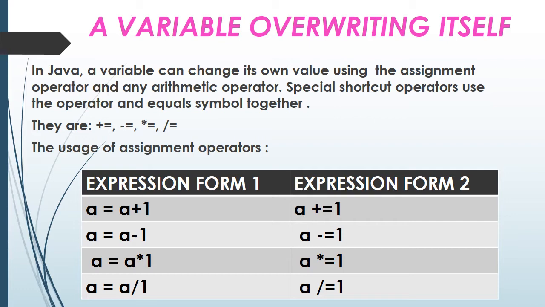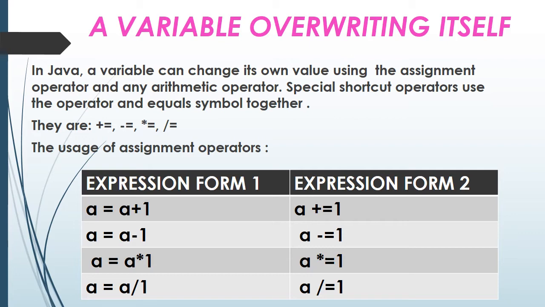Plus will represent the addition. So now you add 1 in the variable a, and the new value of a will be equal to the previous value of a plus 1.